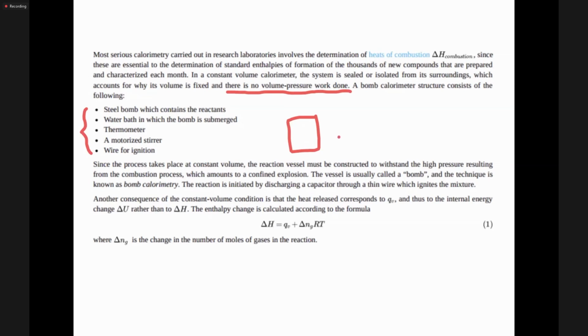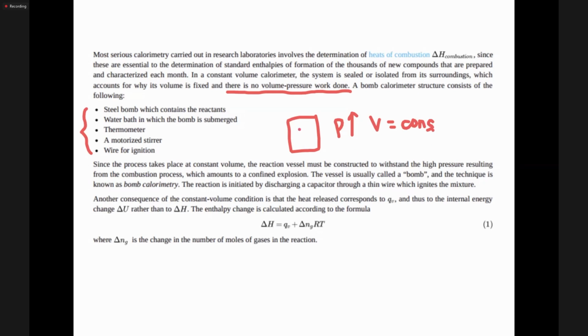So the pressure of the gas will go high. Since PV is equal to constant and V is maintained constant in this case, very high pressure will be built up inside a bomb calorimeter. The high pressure will result from the combustion process, which can actually result in a confined explosion.